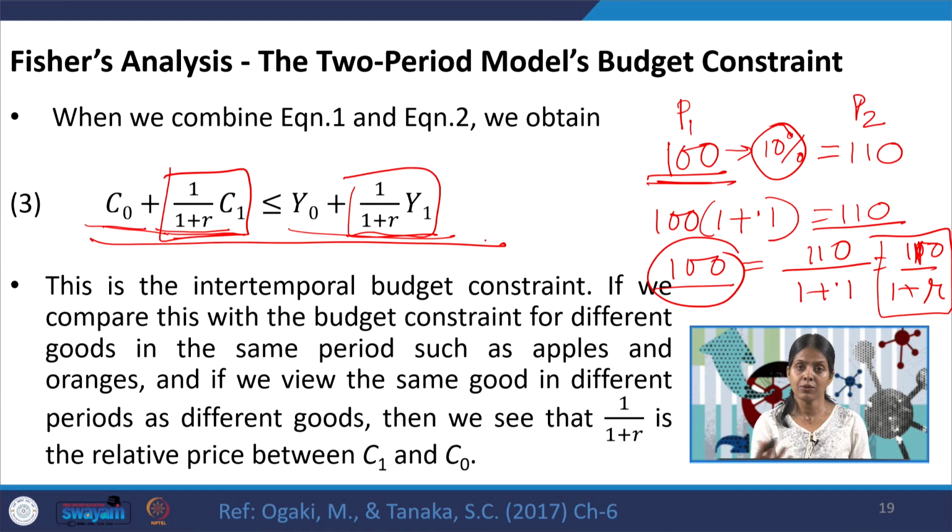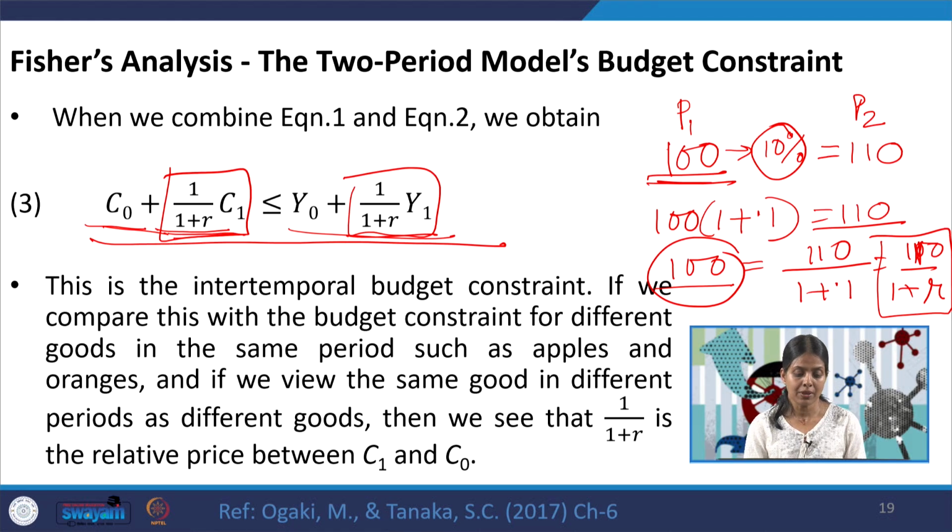Basically, when the future period is also brought down to the current period, if we compare this with the budget constraint for different goods in the same period such as apples and oranges, and if we view the same good in different periods as different goods, then we see that 1 upon 1 plus r is the relative price between C1 and C0.